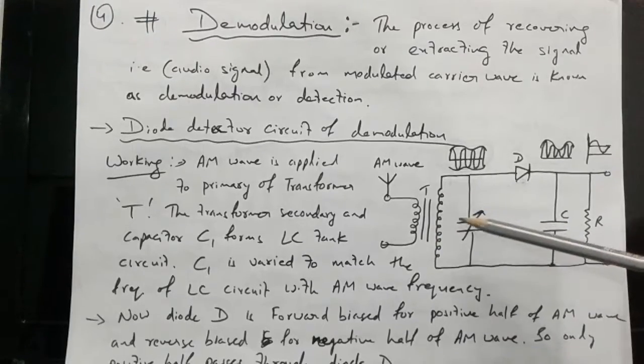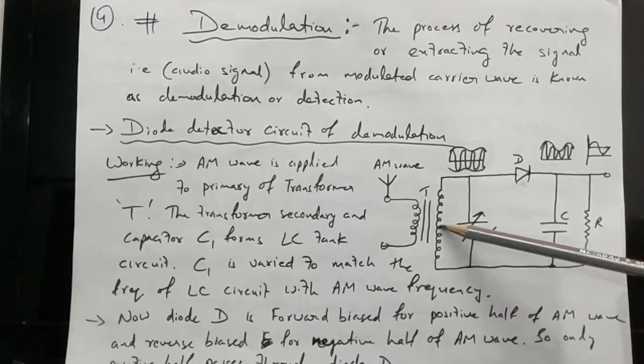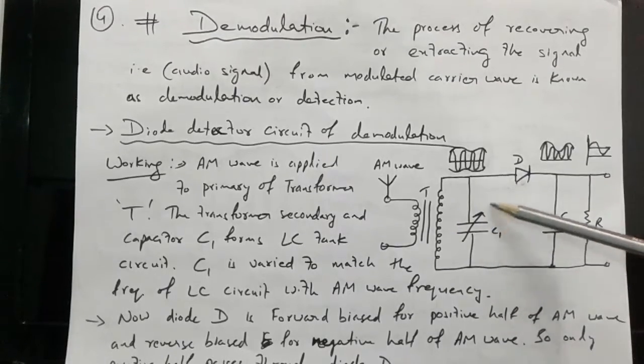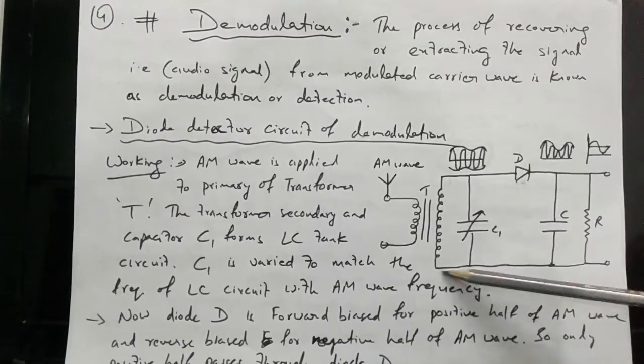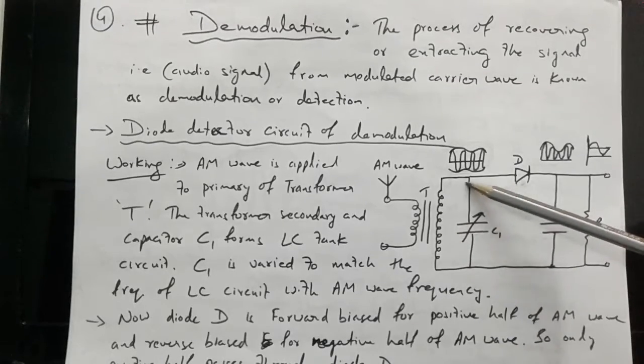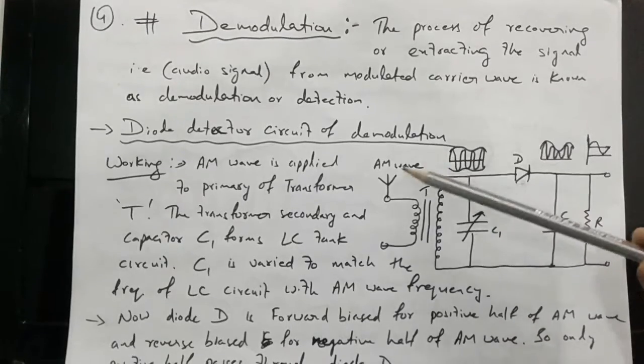In this circuit, here is a transformer, primary and secondary coils, and the secondary coil is connected to the variable capacitor, and this secondary coil and the variable capacitor act as an LC oscillator. So the LC oscillator produces oscillations of the same frequency, that is of the AM wave.